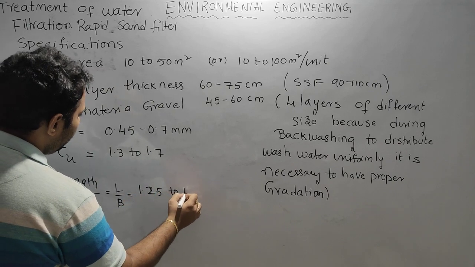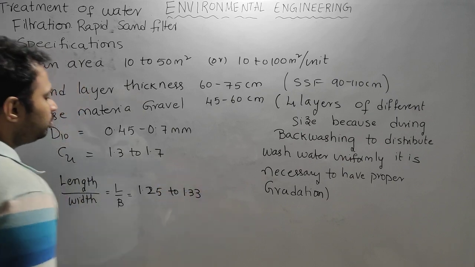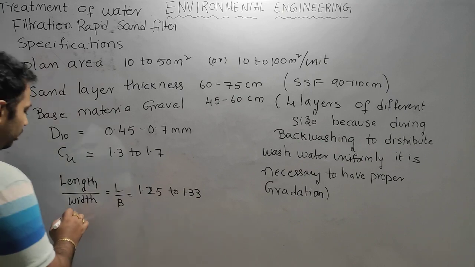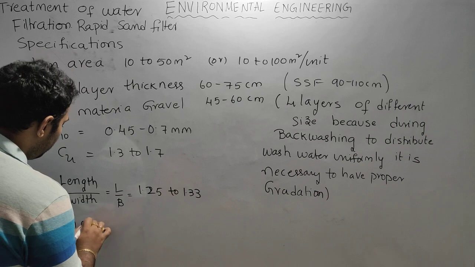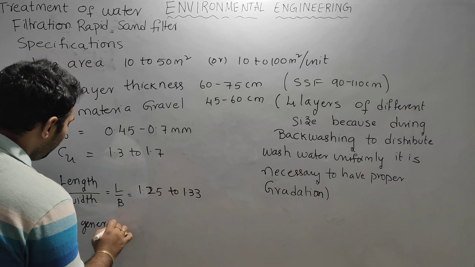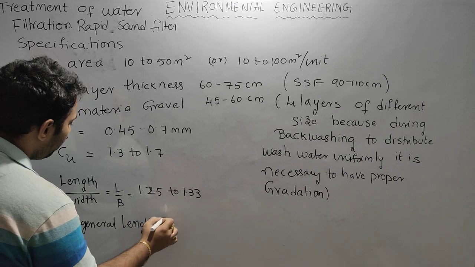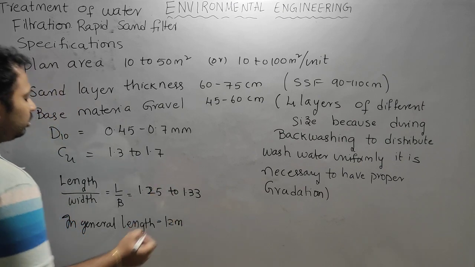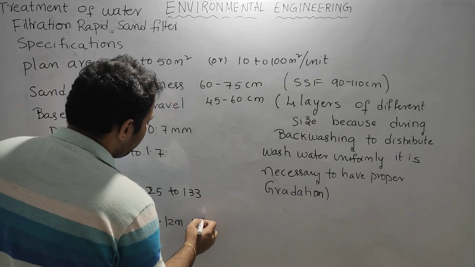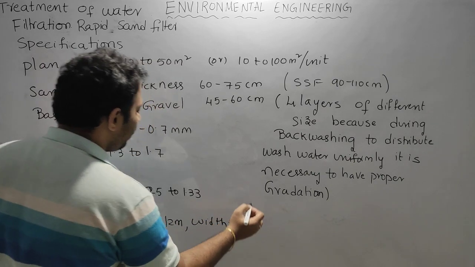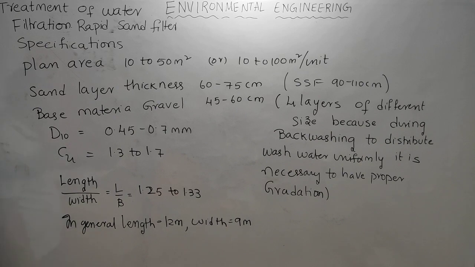In general, length we keep as 12 meter and width we keep as 9 meter. In general we keep these values of dimensions for the rapid sand filter.